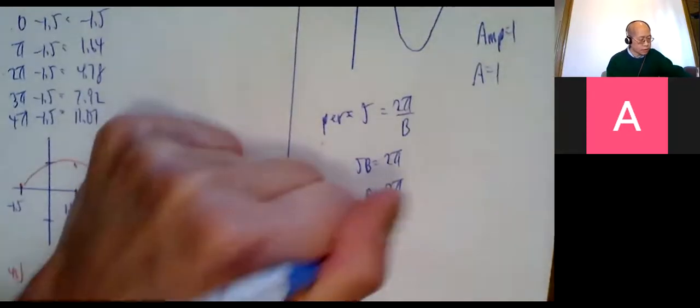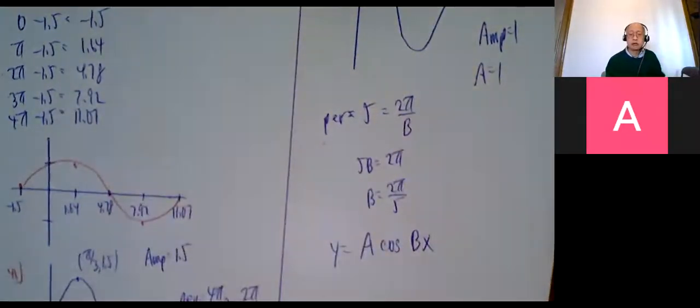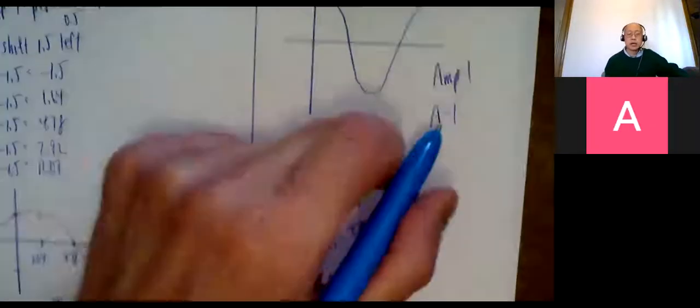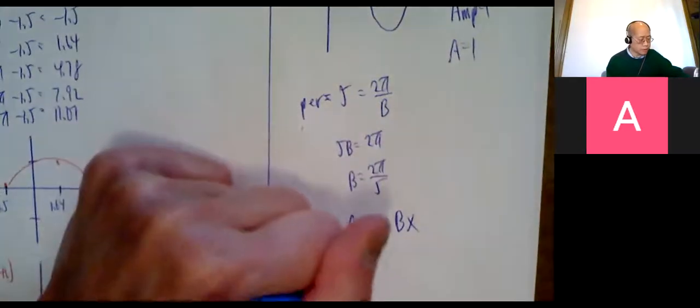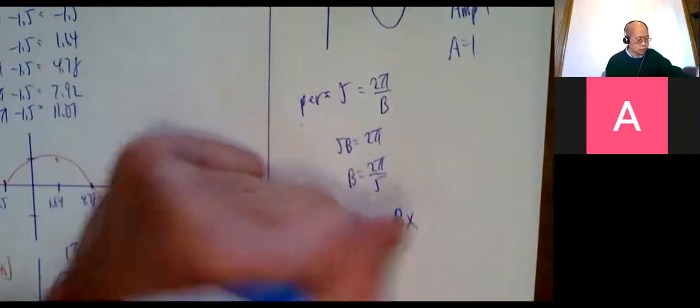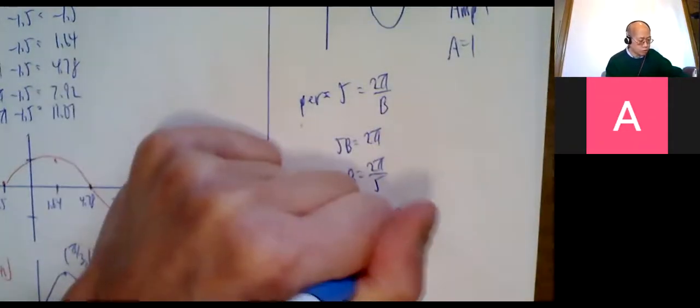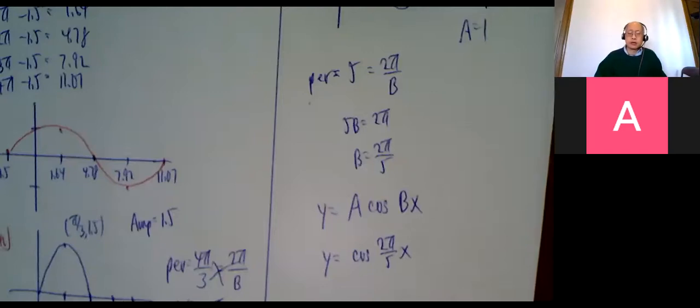Right, so y equals a cosine bx. A is 1. b is this funny thing. So I'm done. y equals 1, but if it's 1, you don't have to write it. Cosine of 2 pi over 5x. And there we go.